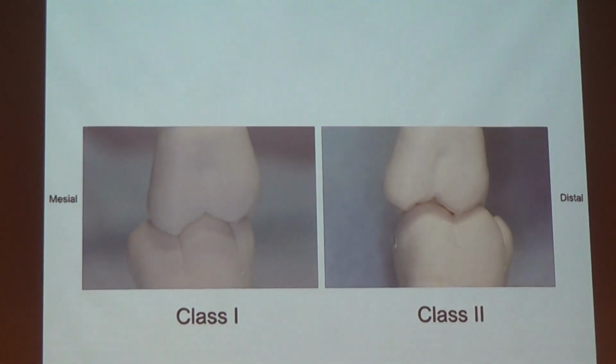So in class 1, this is the condition, in class 2 is that condition, because of the way the lower molar touches the transverse ridge. And the whole mandible goes back, not just the molar as a tooth.